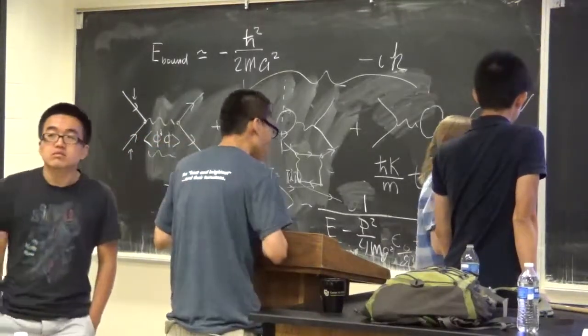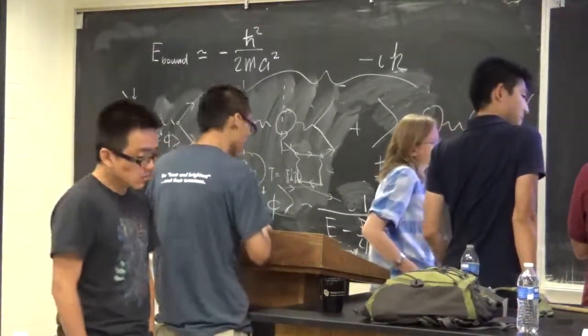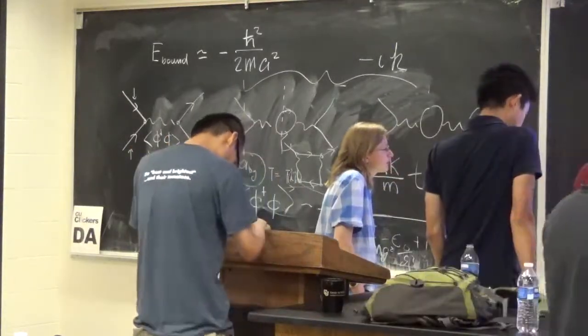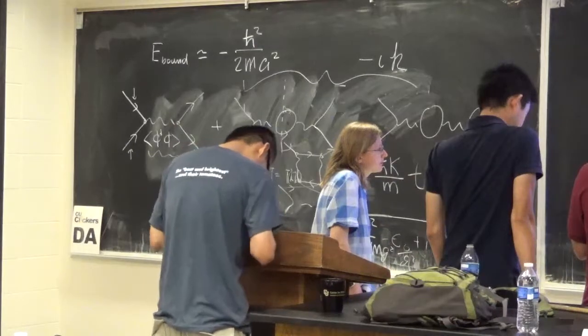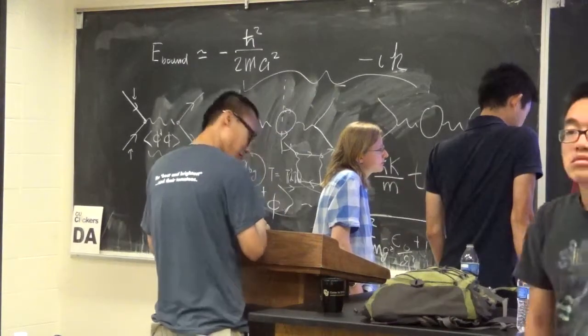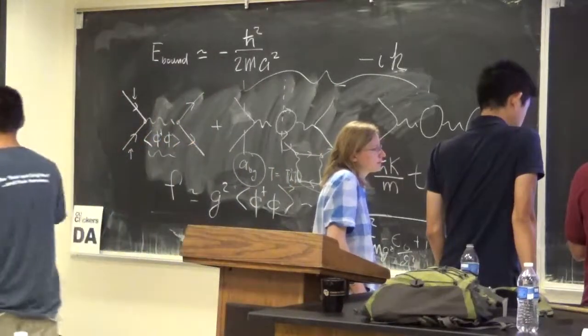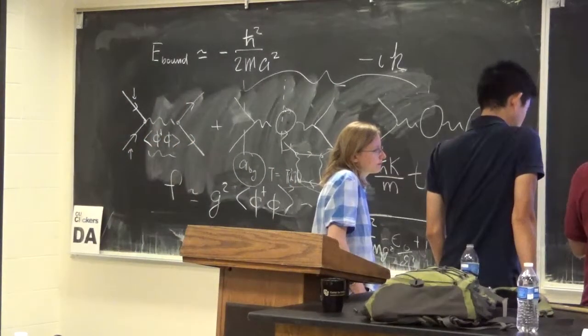Right, so the problem is that we need to take some limits. For example, suppose our limit is that G is very small. Then we can use states that are labeled by electron spin.